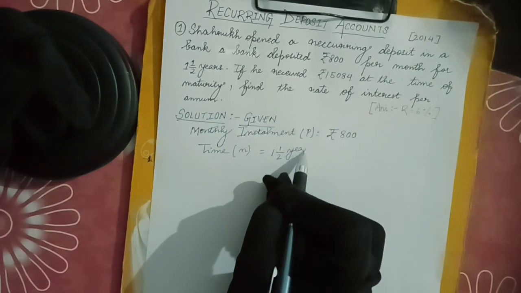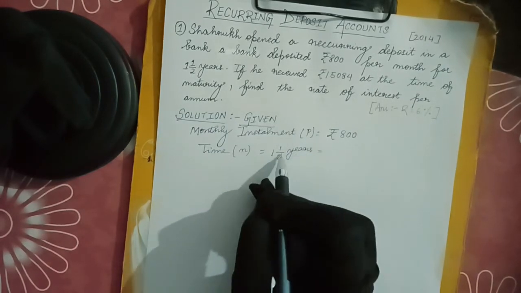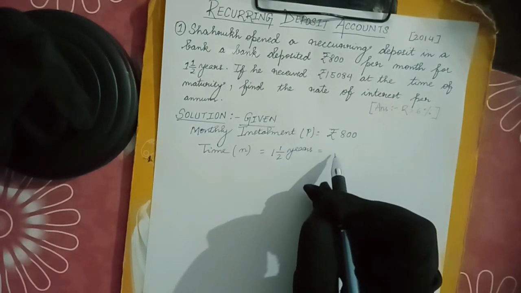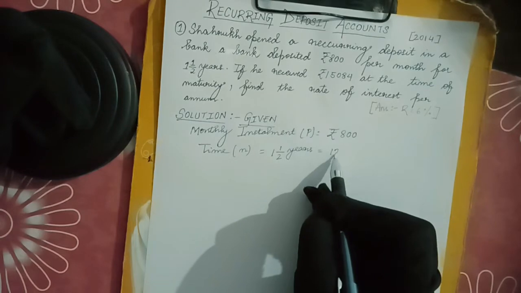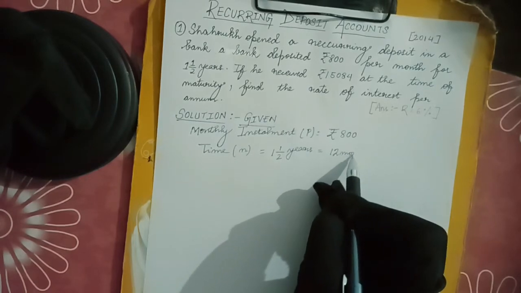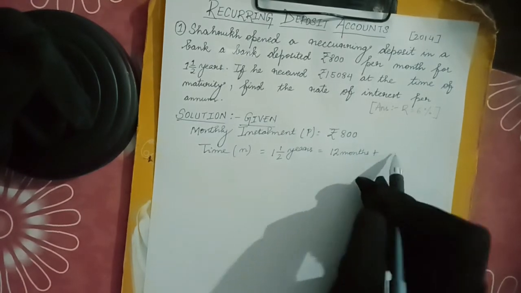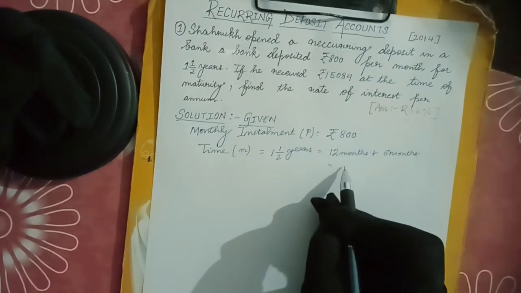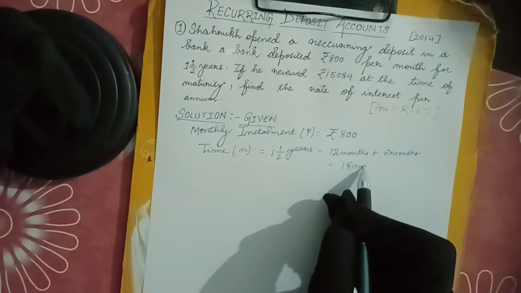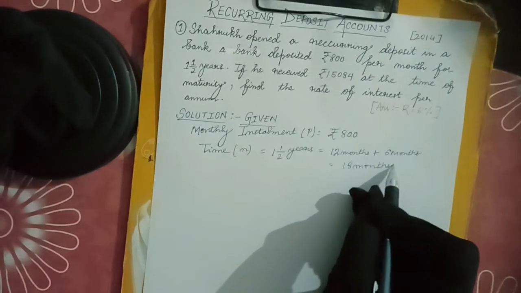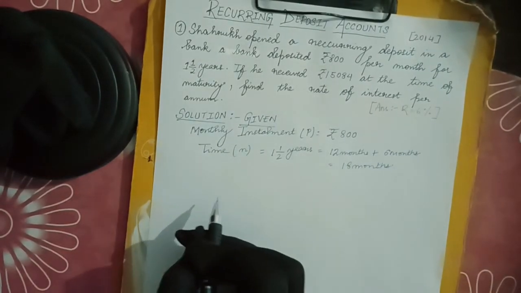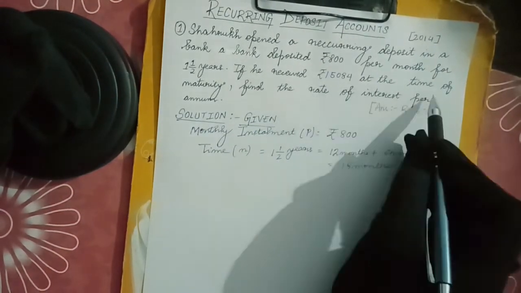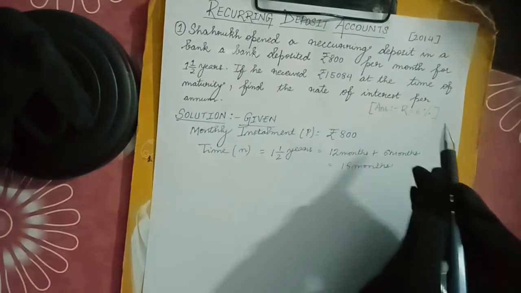And in a recurring deposit account, we have to convert the time into months. So if it is 1.5 years, how will we convert it? 1 year means 12 months and half year means 6 months. So it would be altogether 18 months. Now, if he received this much rupees at the time of maturity, find the rate of interest.